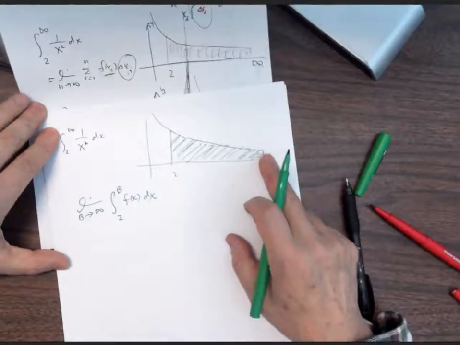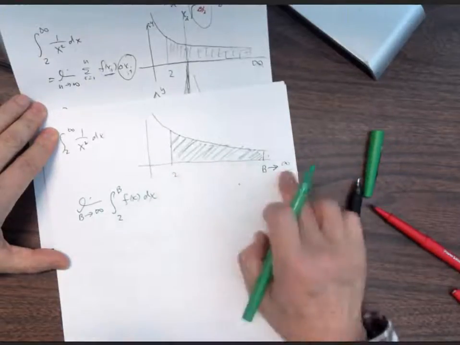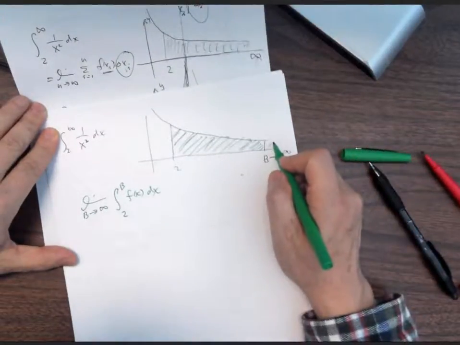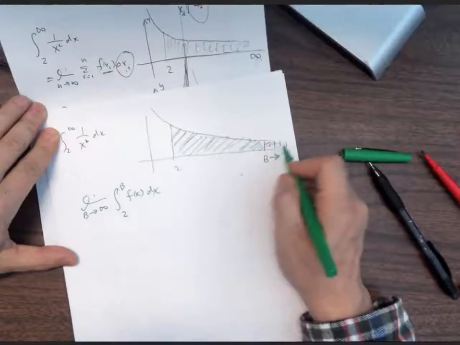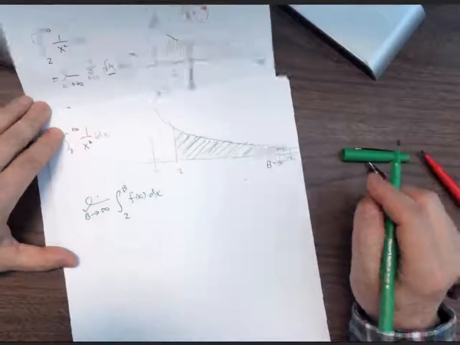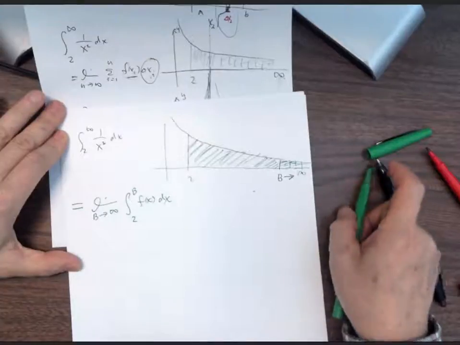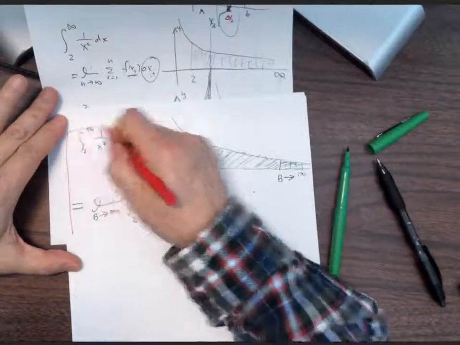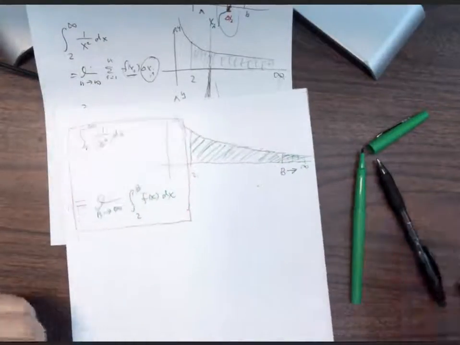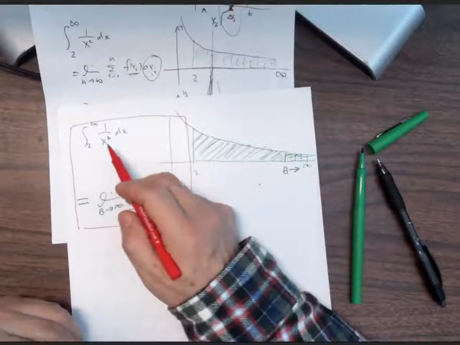It will make sense as we push B further and further away from 2, closer and closer to infinity, taking the limit. So imagine we would be approaching the area of the whole region that we wanted. So this would be a sensible way to evaluate this kind of improper integral.